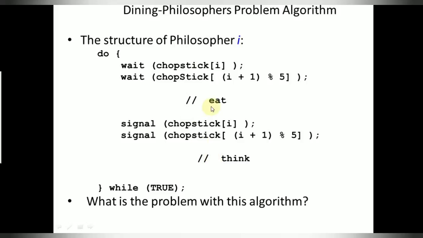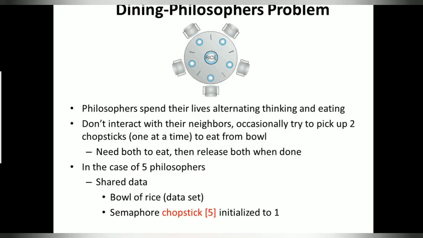Now, is the algorithmic solution given here fair enough? Is this sufficient? Certainly not. Let us think about a situation. What if all the 5 philosophers are hungry at the same time? And what if all 5 philosophers pick up 1 chopstick?